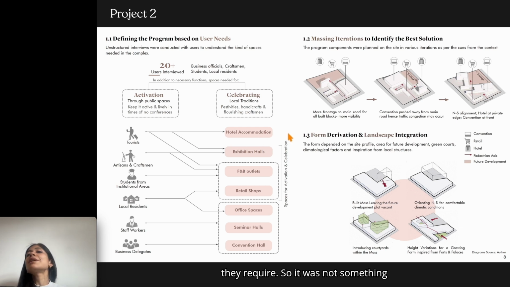So it was not something that I thought of out of the blue, but the different spaces that I provided within the complex were derived out of the needs of the users who are going to be visiting the complex in the future.